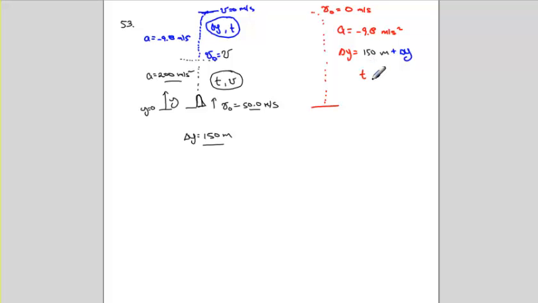We can calculate t if they asked us that, and we can calculate v, which is the velocity before it hits the ground. The total time to go from the ground to here is just the sum of these two t's, the blue t and the black t. Okay, so that's kind of the gist of it.